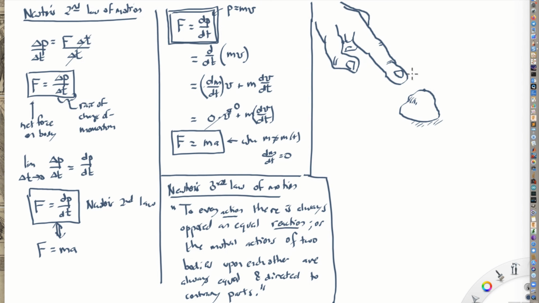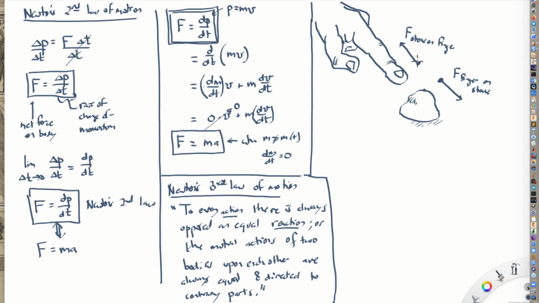What this is saying is, if your finger is pushing on the stone, the stone is pushing back on your finger. If I were to draw a free body diagram, as I mentioned before, represent your finger by a dot, there's the force of the stone on your finger. Then draw another free body diagram representing the stone, and this is the force of your finger acting on the stone. It's important to keep in mind that these two forces are not acting on the same object.